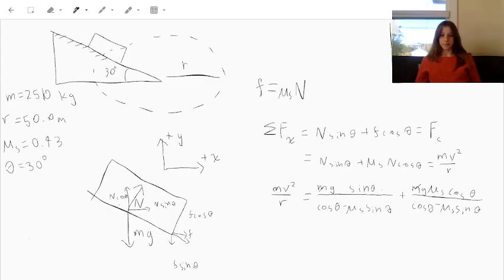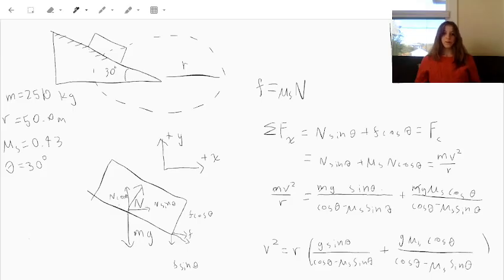So v squared equals, let me write out this huge thing: g sine theta, because we canceled out that m, divided by cosine theta minus mu s sine theta, plus g mu s cosine theta, divided by cosine theta minus mu s sine theta.